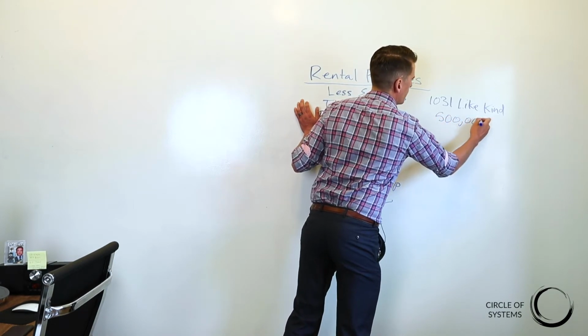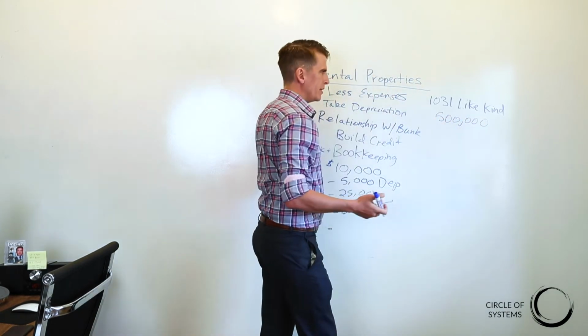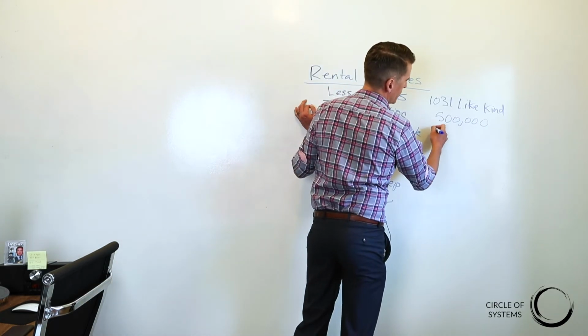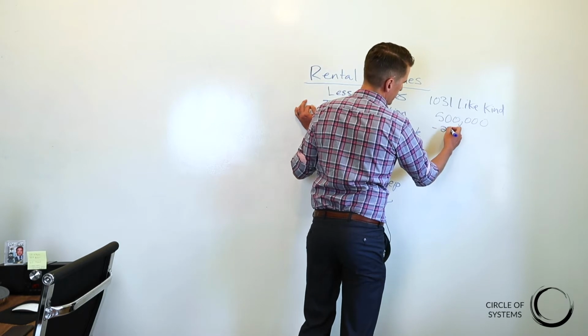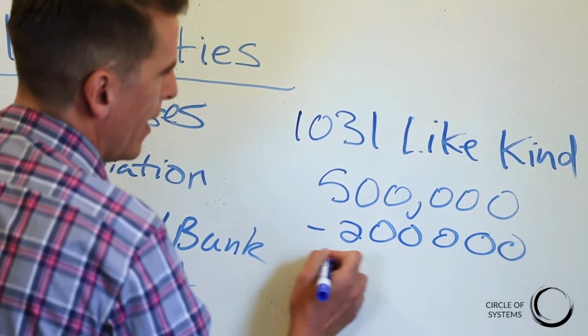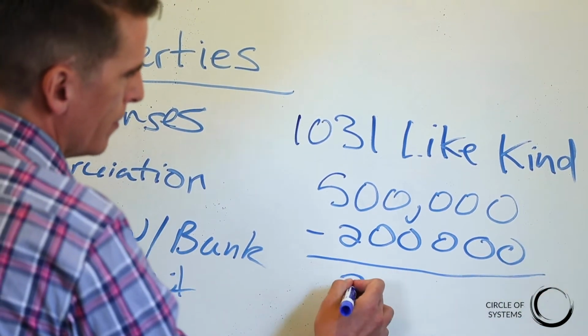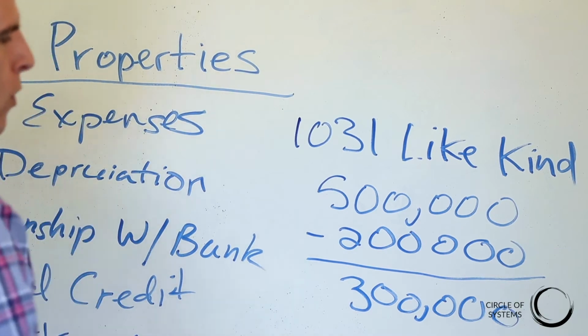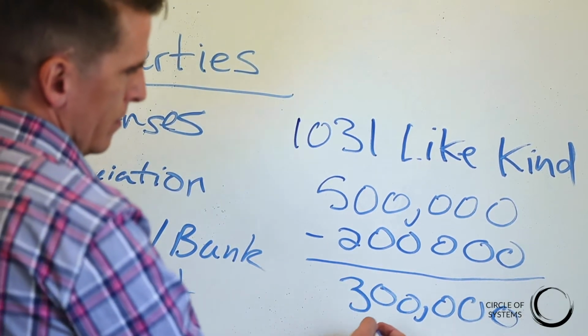And then over the course of X amount of years, you take depreciation. Let's say you depreciated $200,000. So now your basis is at $300,000. Let's say you sell the property for $600,000.